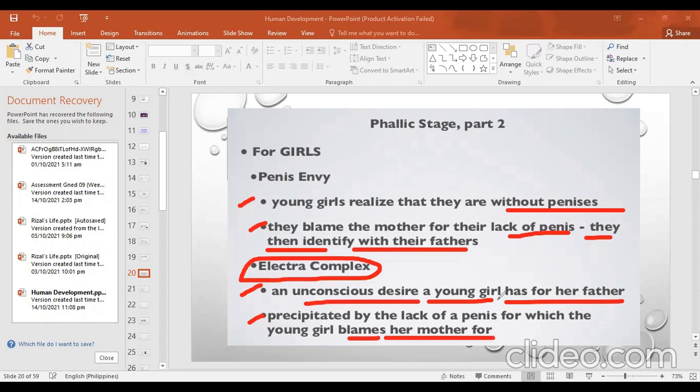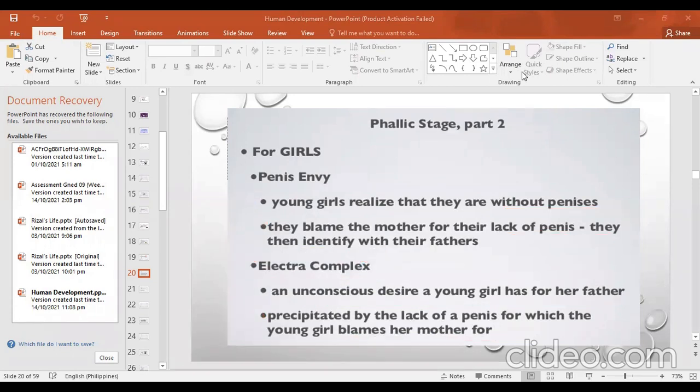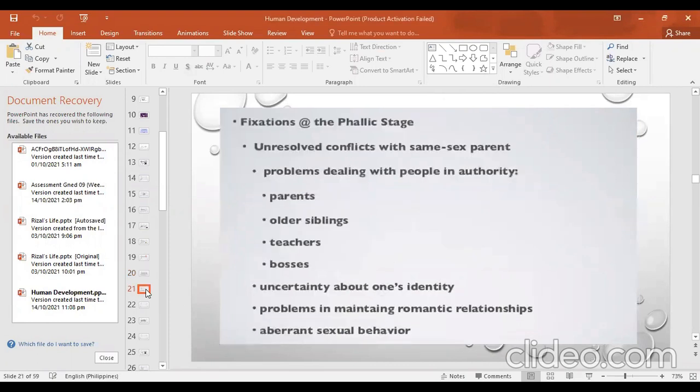Ayan. So let's see kung ano nga ba yung mga possible na pwedeng mangyari once na hindi nila ma-achieve yung pleasure nila during sa age na to at during sa stage na to. So meron tayong tinatawag na fixations for phallic stage. So unresolved conflict with same-sex parent.